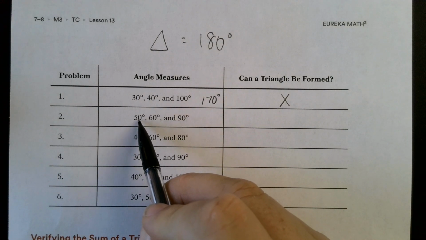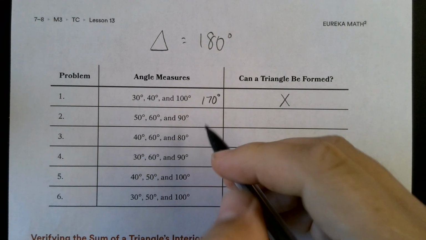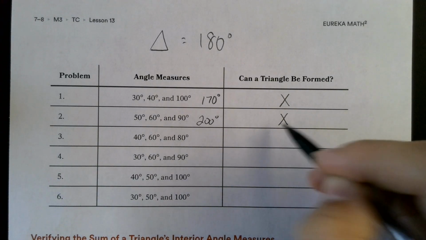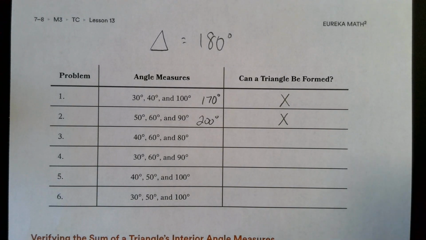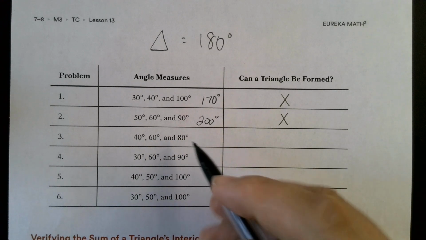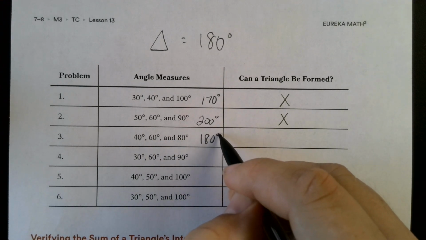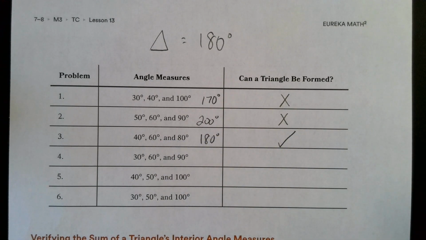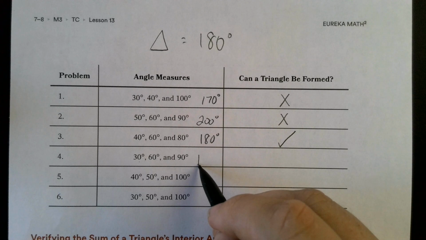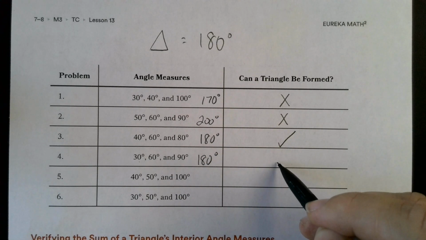For number 2, I have 50, 60, and 90 degrees, which adds up to 200. Again, not a triangle. 40, 60, and 80 add up to 180 degrees, so this is in fact a triangle. 30 plus 60 plus 90 adds up to 180.